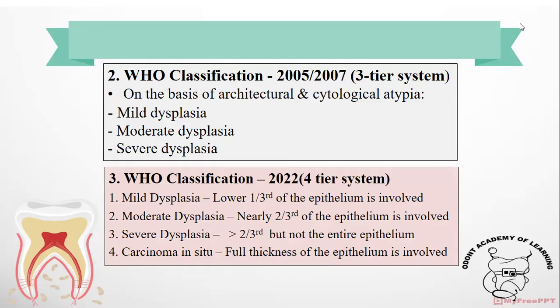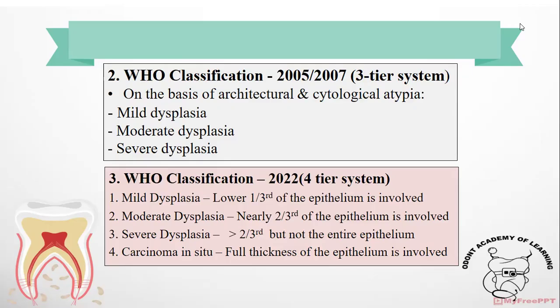In this system, they named the fourth category also, which was carcinoma in situ. So mild, moderate, and severe dysplasia were the same as in the 2005 classification, but carcinoma in situ was added. This was based purely on architectural and cytological changes.